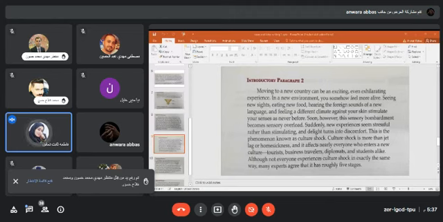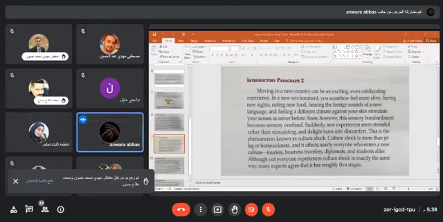Whether you are a student, or have work, or go as a tourist, you will feel this group of experiences or emotions. This is about traveling and moving, in general. So it's about traveling to another country.